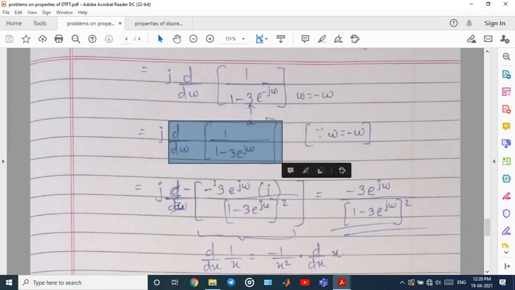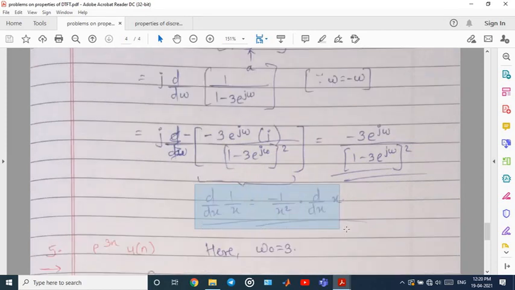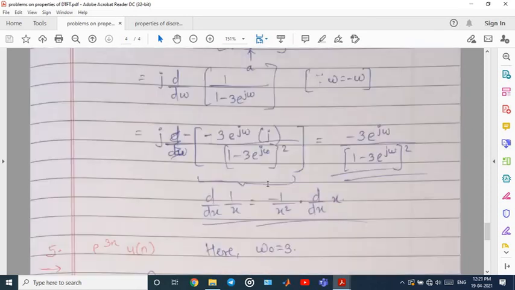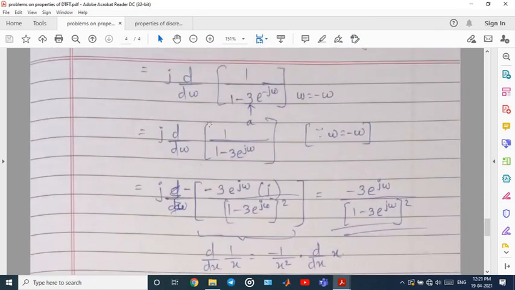This is nothing but the derivative of 1 upon x, which is minus 1 upon x square into d by dx, meaning the derivative of x. So this will be minus 1 upon x square into the derivative of this term.